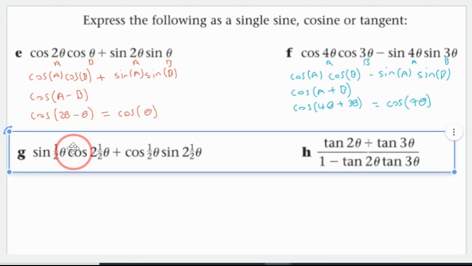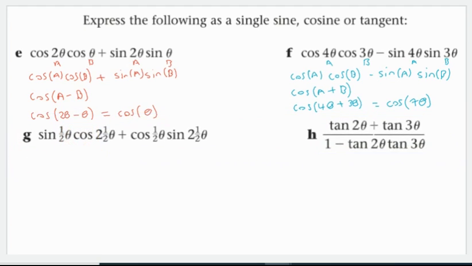Okay, let's move this question up because there's a bit of space. Now with this one, same thing.